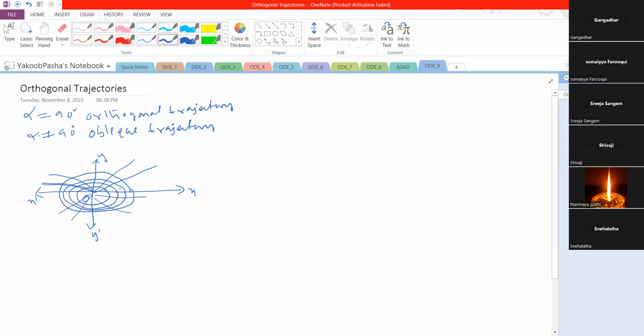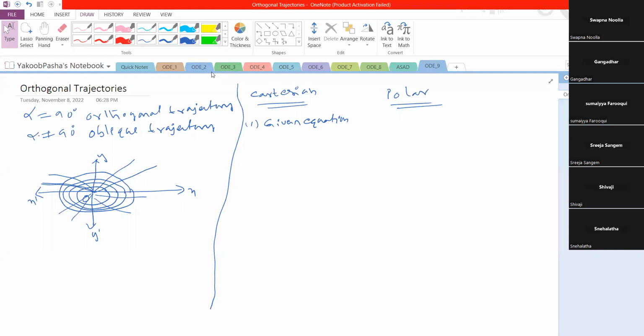Now we have to see the procedure for how to find an orthogonal trajectory. There are two procedures: one for Cartesian coordinates and another for polar coordinates.